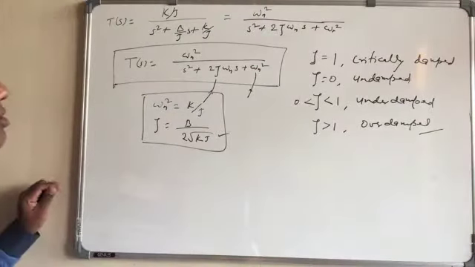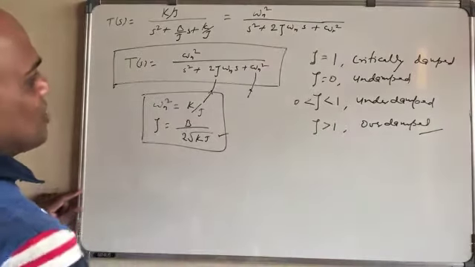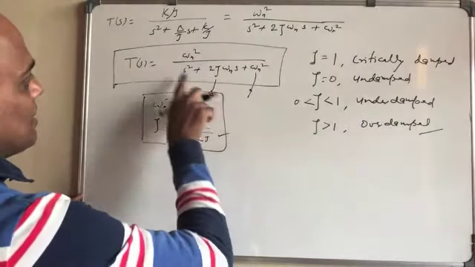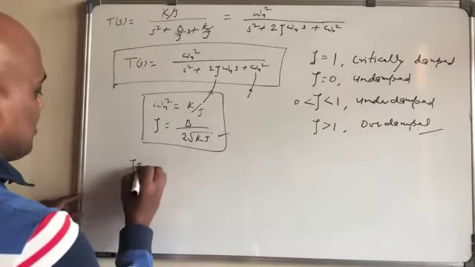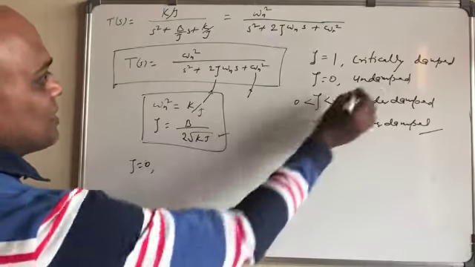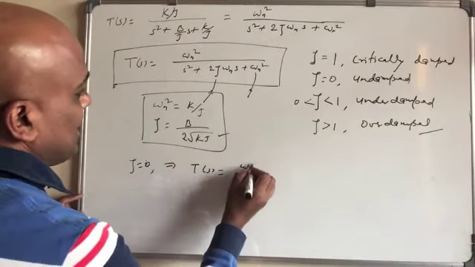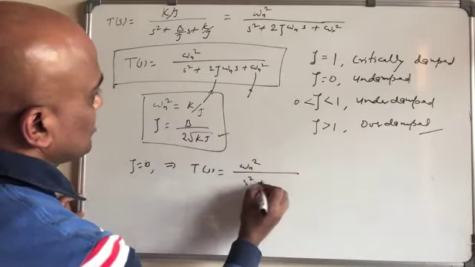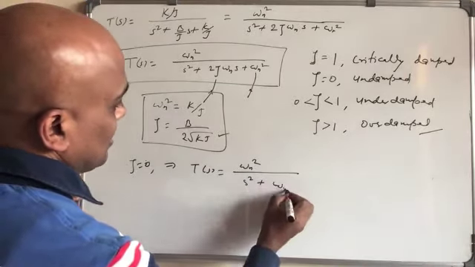So when zeta equal to 0, for example, what happens? So let's take zeta equal to 0, which is undamped, and you get T(s) equal to omega n square over s square plus omega n square.